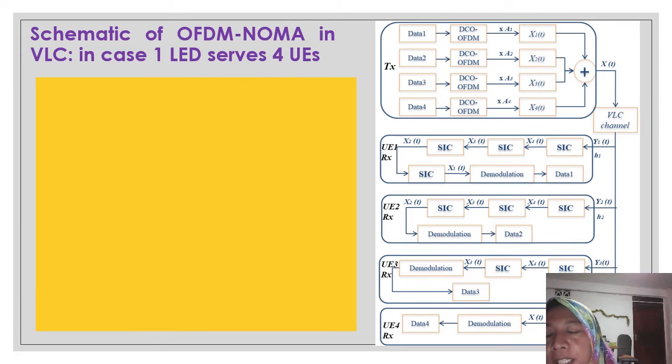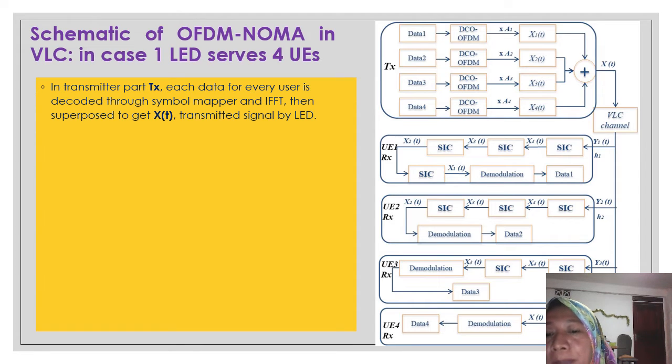The modulation technique used in this VLC system is DCO OFDM combined with NOMA, as shown in the schematic diagram. First, the data for each user is mapped into 4-QAM symbols before being fed into the IFFT to produce the OFDM signal.